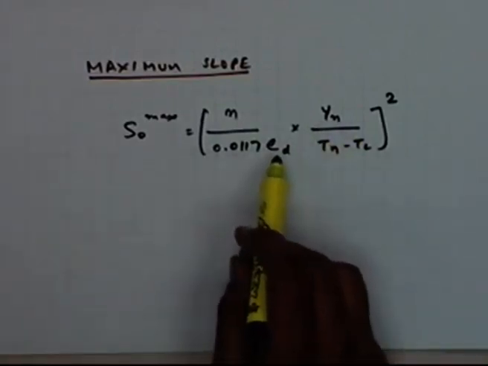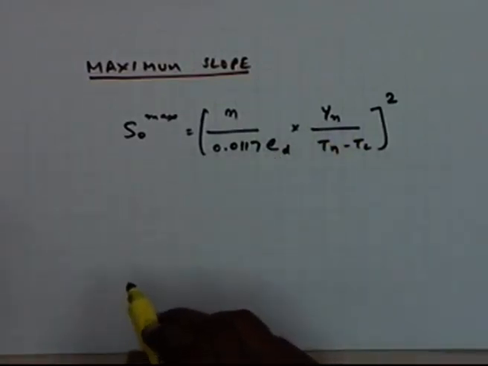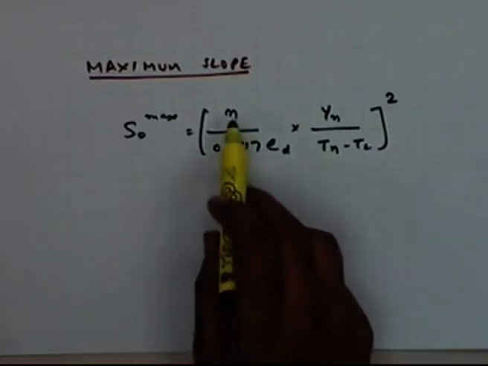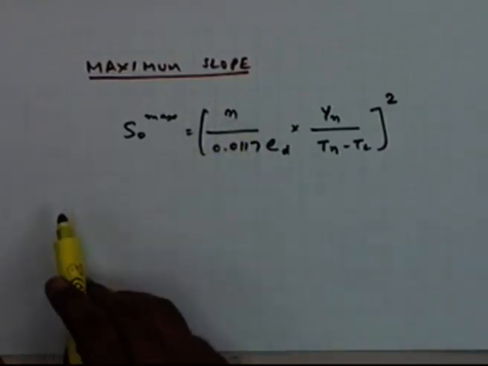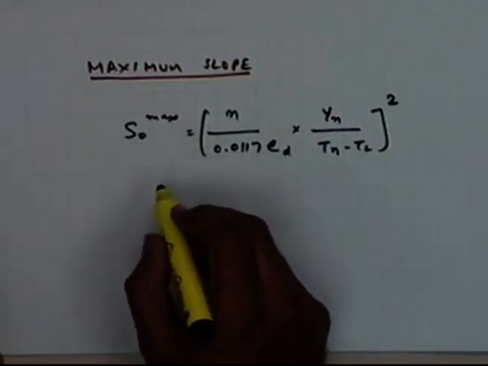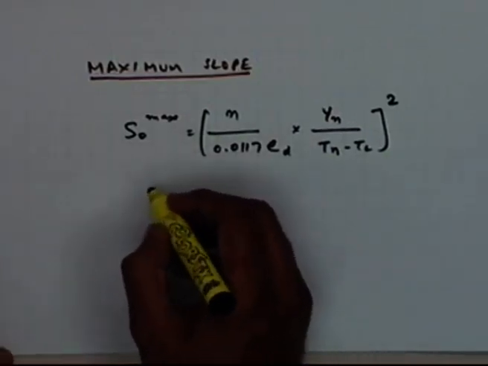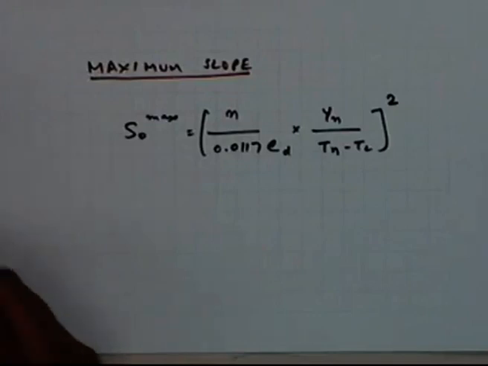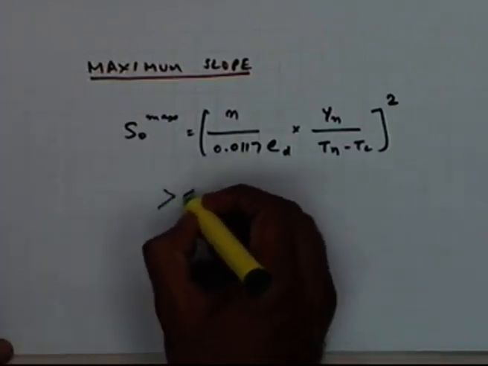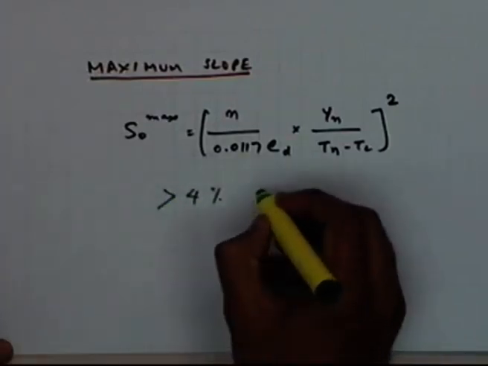Ed we have seen as the distribution pattern efficiency, and n is the Manning's coefficient. Normally any slope which is more than 4% should be avoided.